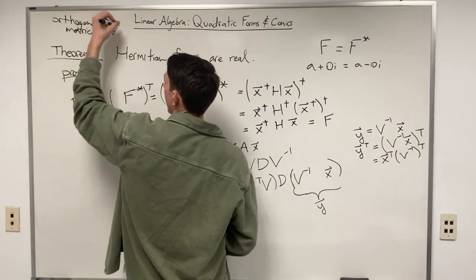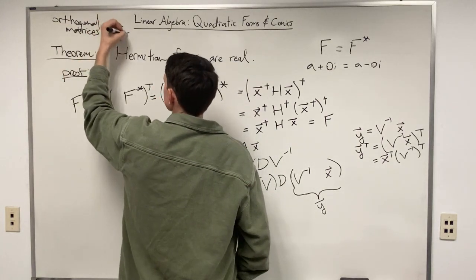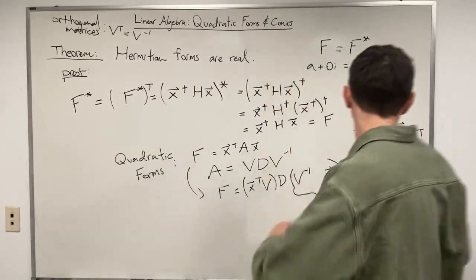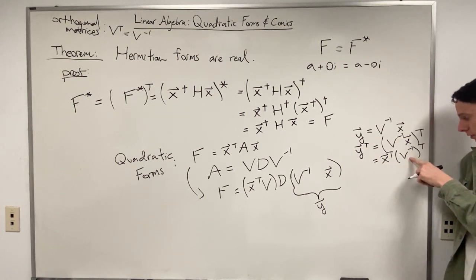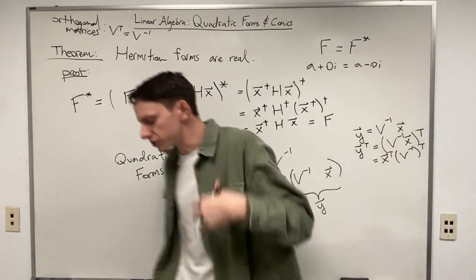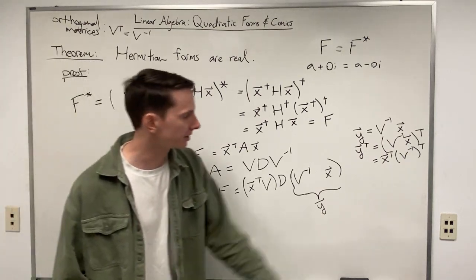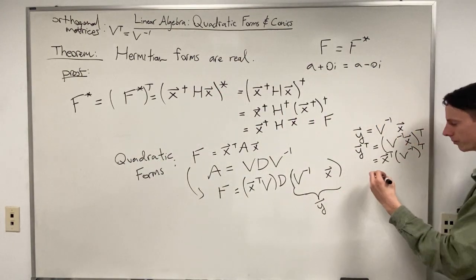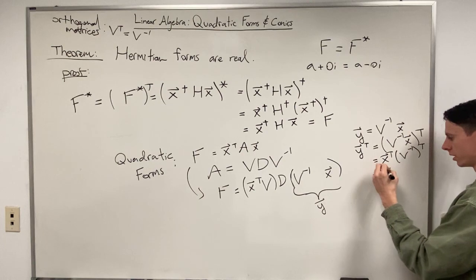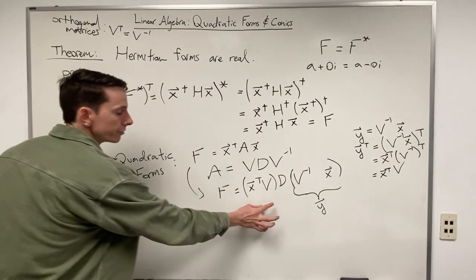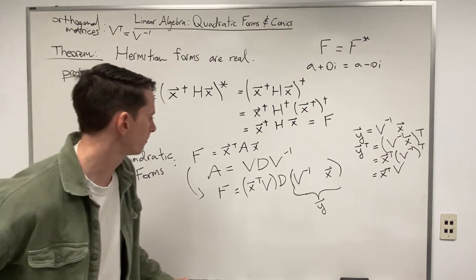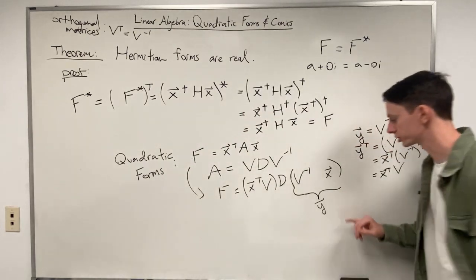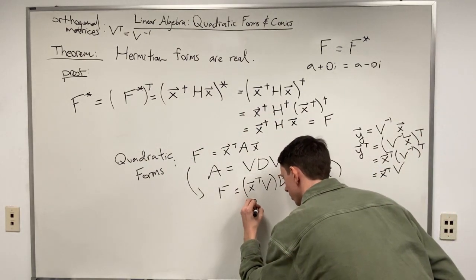If I have an orthogonal matrix V and I take its transpose, that's the exact same thing as taking the inverse of that matrix. So what that means is that if I take the inverse and then the transpose, that's like taking the inverse of the inverse, or the transpose of the transpose. I'm going to get the original matrix that I had to start with, V. So I'm still going to have x transpose, and then I'm just going to have V. And that's exactly what I have right here. So what I'm trying to get at is this term right here in parentheses is really just y transpose.